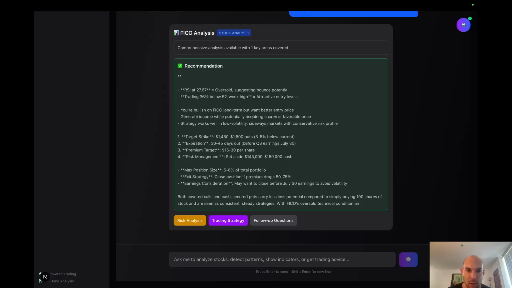Okay. Huh. Stock analysis, RSI, oversold. You're bullish on FICO long-term, better than any price. Recommendation: both covered calls and cash secured puts carry less loss potential compared to simply buying 100 shares of stock.